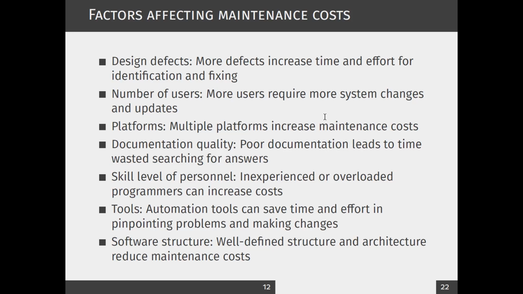There will be a significant difference between a senior developer developing a piece of software and a junior developer developing it. So that matters, and that may increase your maintenance cost.